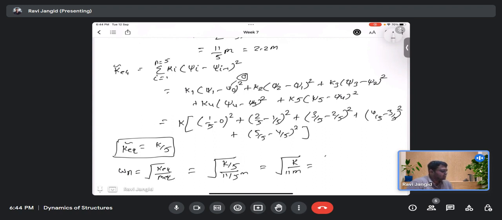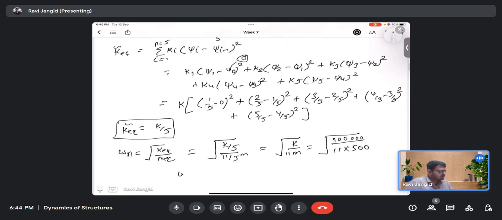K is given as 100 kilonewton, or around 1 lakh newton per meter, and m is given as 500 kg.